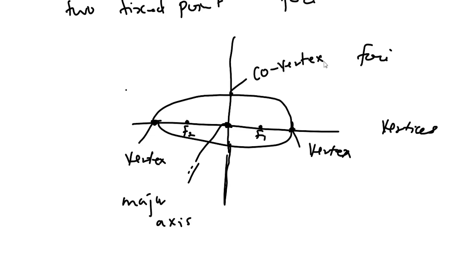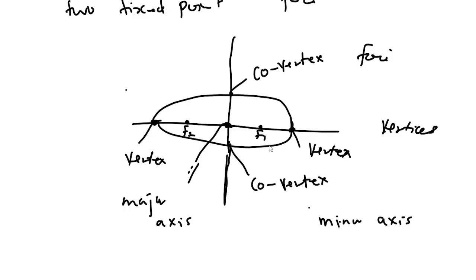This is a co-vertex, and this is another co-vertex. The line segment between these co-vertices is called the minor axis.